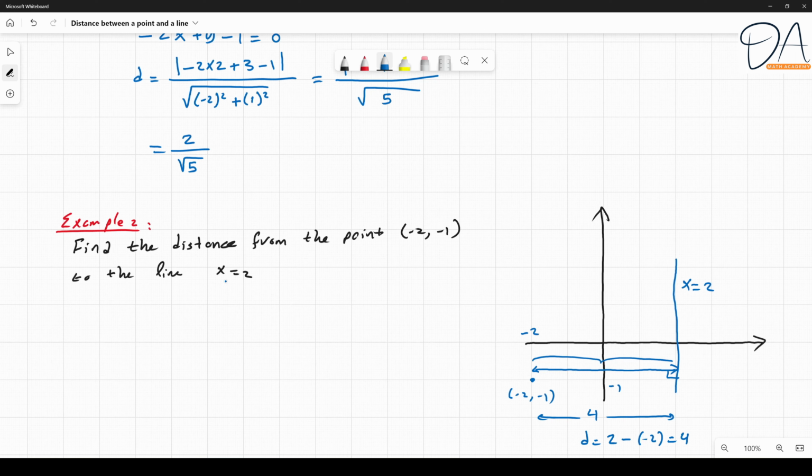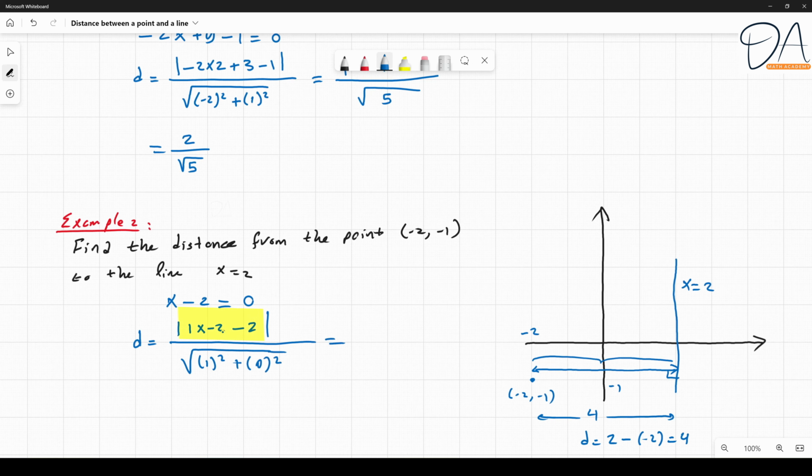So the equation of the line in standard form will be x minus 2 equal to 0. There is no y variable in this equation. So d is equal to, again, the equation is a, which is 1, times, we substitute the value of x, which is minus 2, plus b y, b is 0 here, and then we have c, so this is minus 2, divided by the square root of a squared, which is 1 squared, and then b is 0.